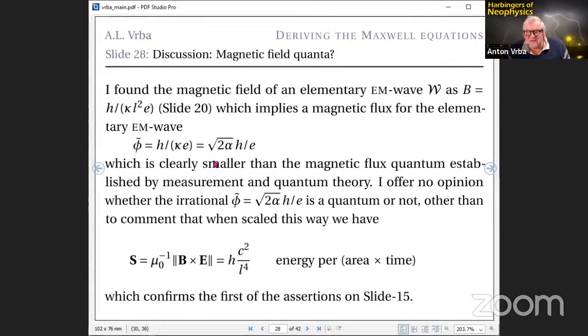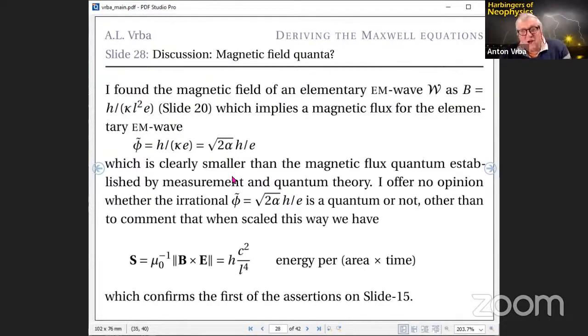if I take the magnetic field being H kappa L squared over E from my equations, I get an elementary magnetic flux of H over kappa E, which is very much smaller than the magnetic flux quantum.